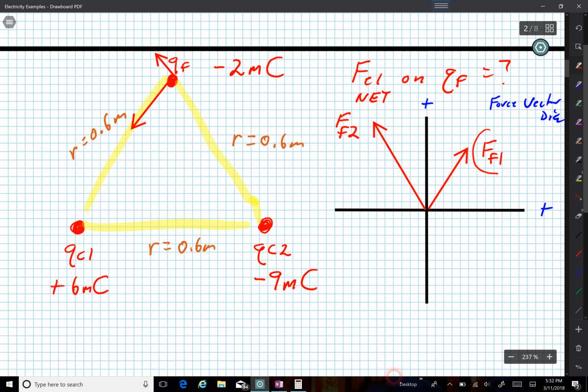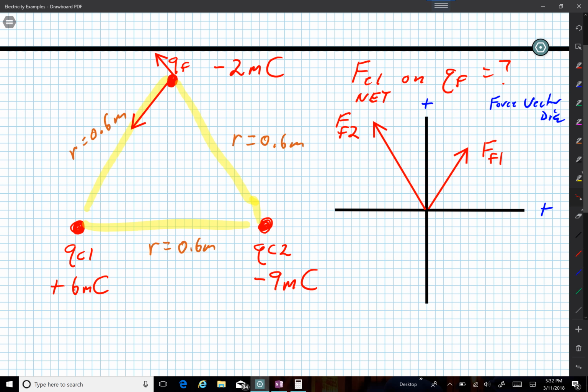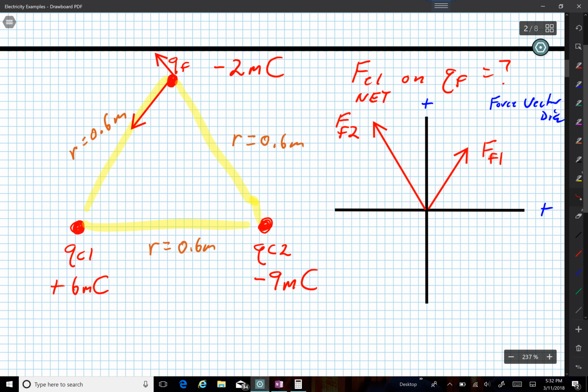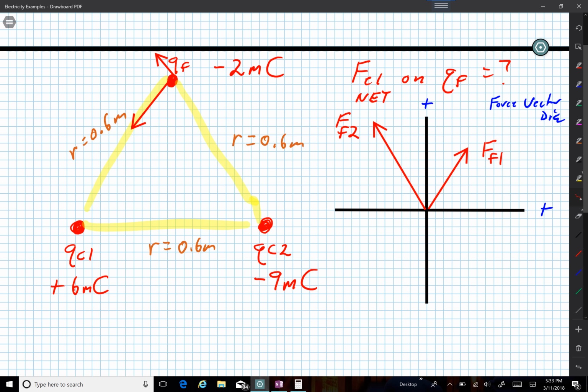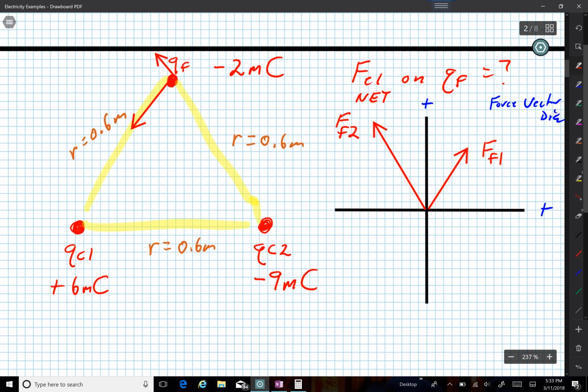This name here is going to be telling me that this is the electric force on the field charge, that's the little f, and it's the electric force on the field charge due to the central charge number 1. And by the same token, this is going to be the electric force on the field charge due to central charge 2.